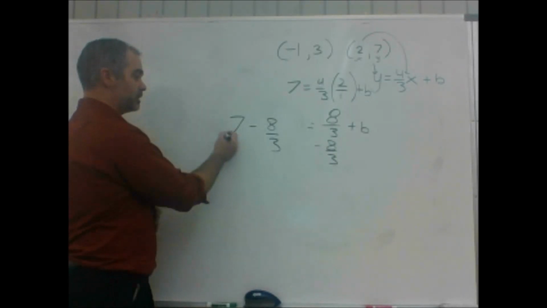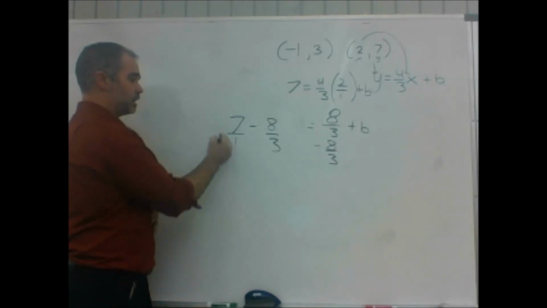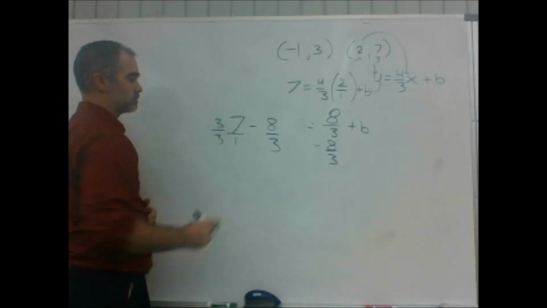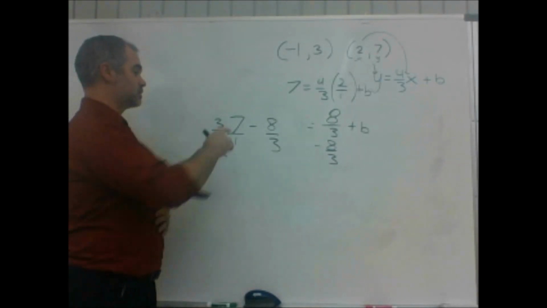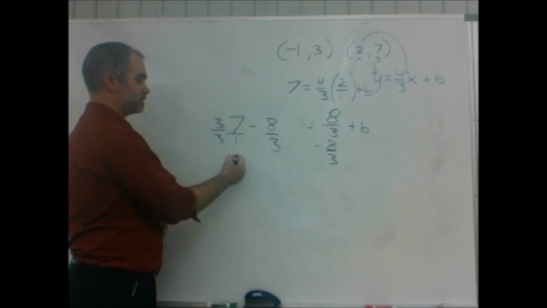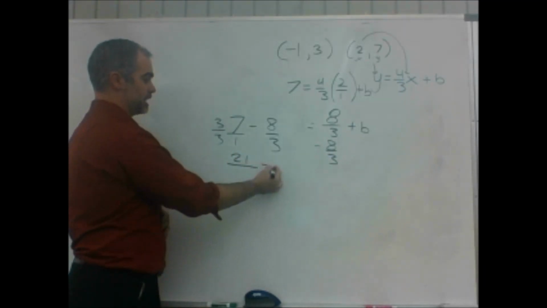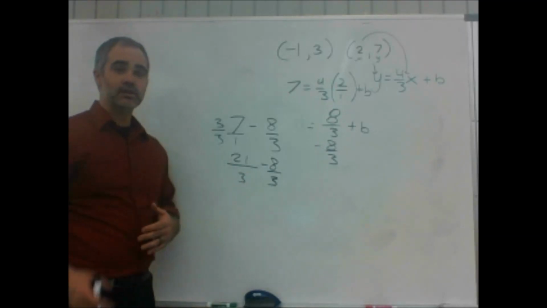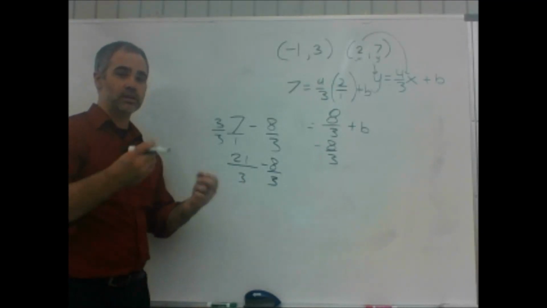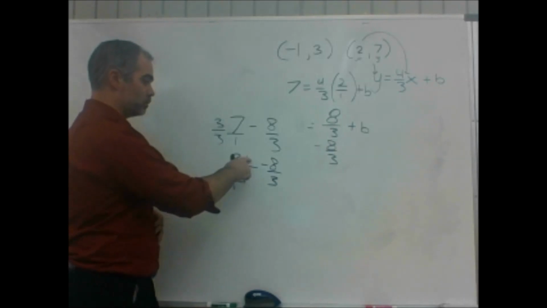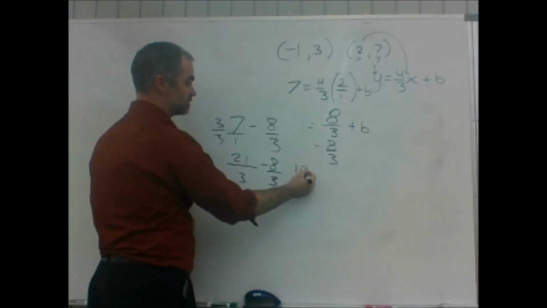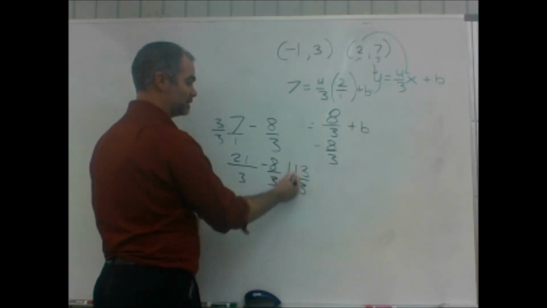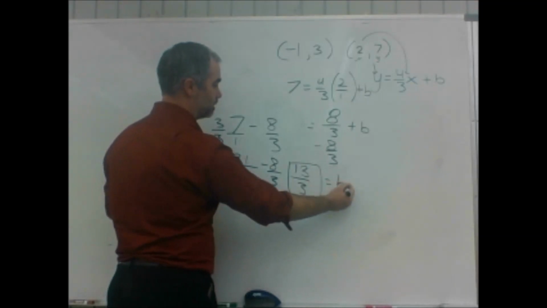To find a common denominator here between 1 and 3, I'm going to multiply the top and bottom by 3. So 3 times 7 is 21 minus 8. When you subtract fractions, you just subtract the numerators, not the denominators. So 21 minus 8 is positive 13 over 3. This doesn't reduce, it's equal to b.